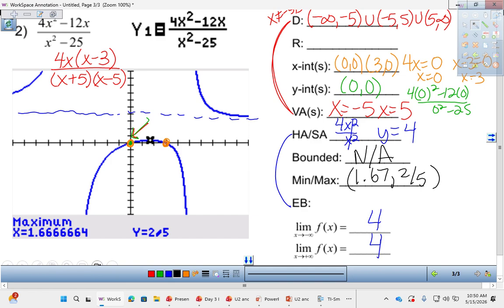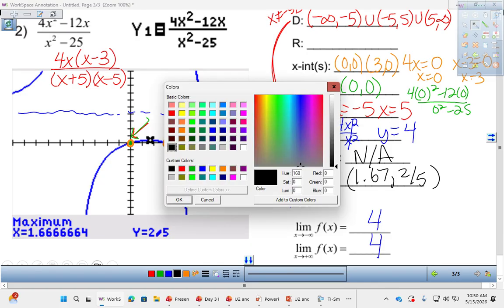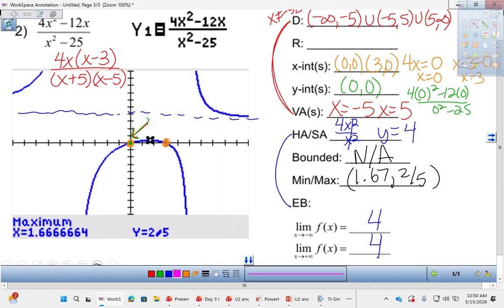All right, so range. Starting down here, we'll call this negative infinity. It goes up until this U shape, and then it takes this break in the middle. This U shape has a Y value of 2/5, or we'll call that 0.4. Range is the Y value, so I want to look at the Y value of that.